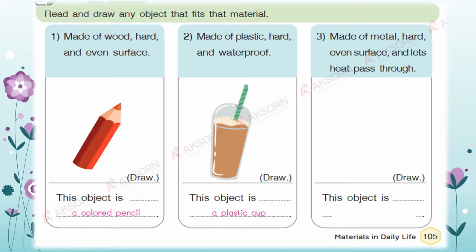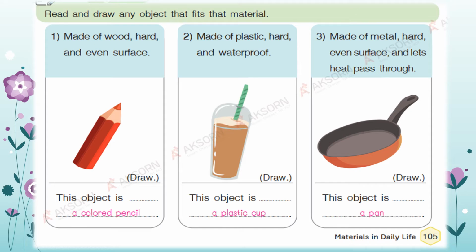And number 3, made of material, hard, even surface, and lets heat pass through. What is this? You can use this to cook your food. A pan. So you can draw and answer this object.